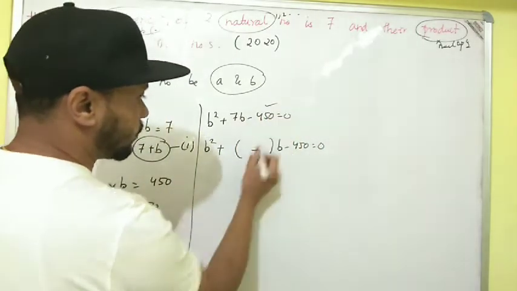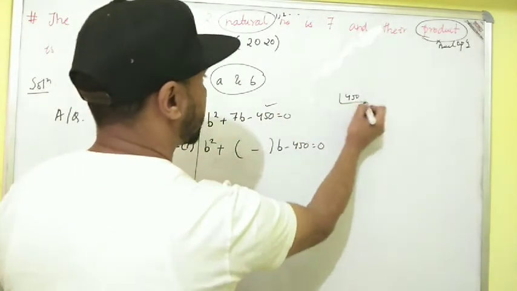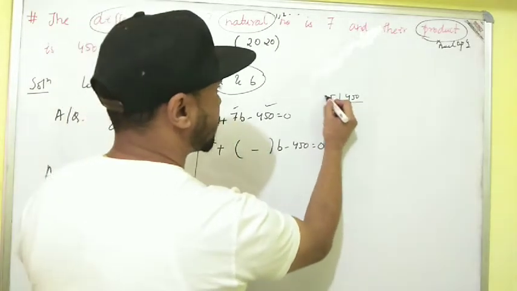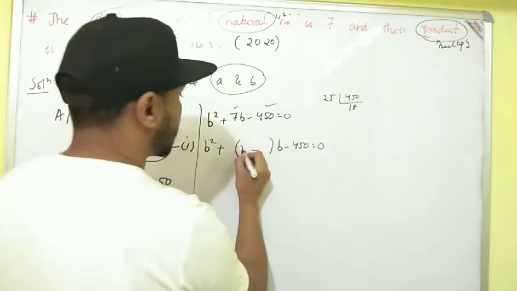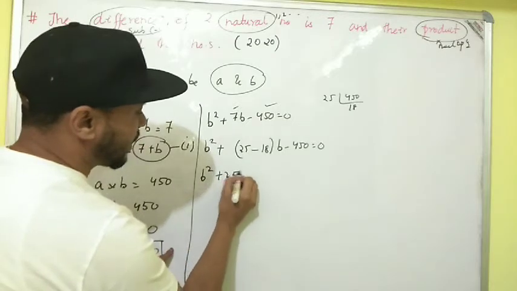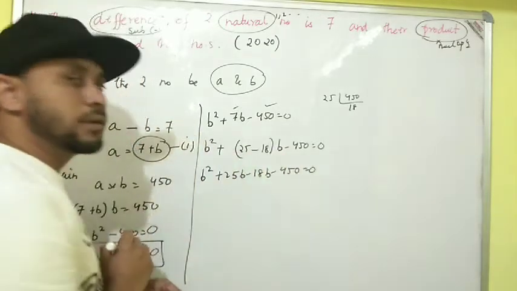Here, what sign will be used depends upon the last value. Let's break 7, because 7 is the middle term, so this is 25 into 18. So this is 25 minus 18. Now B square plus 25B minus 18B minus 450 is equal to 0.